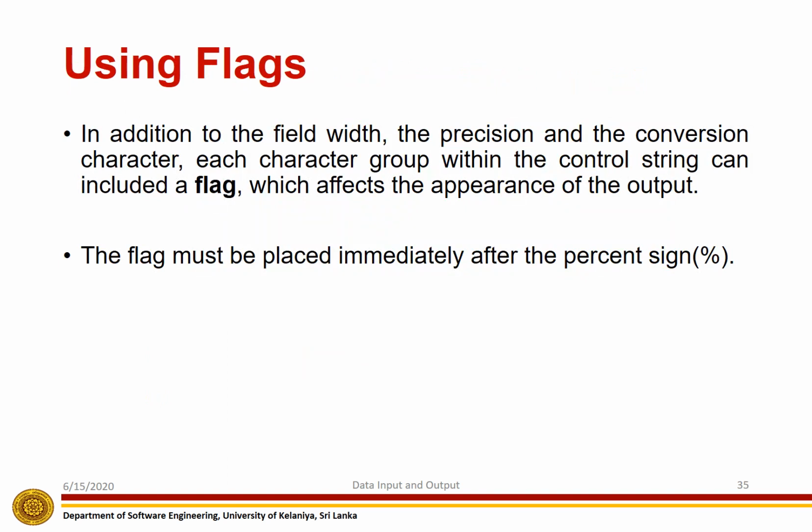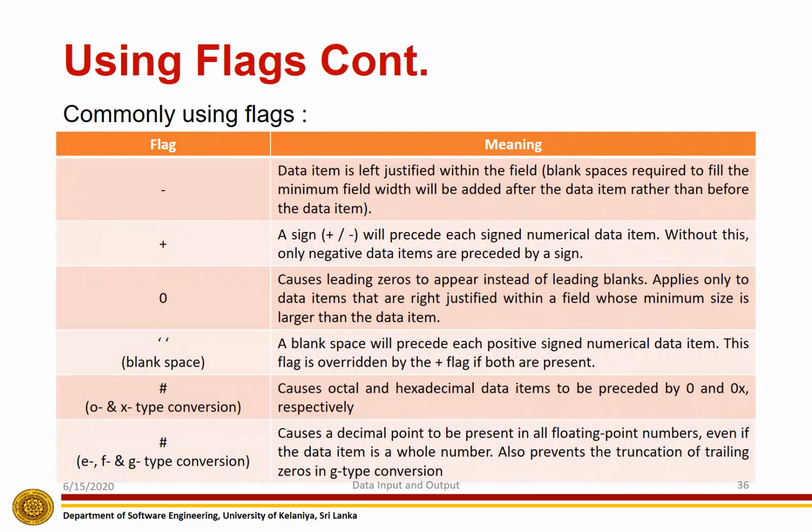The next point is using flags. In addition to the field width, the precision and the conversion character, each character group within the control string can include a flag which affects the appearance of the output. The flag must be placed immediately after the percentage sign. In here you can see some commonly used flags.